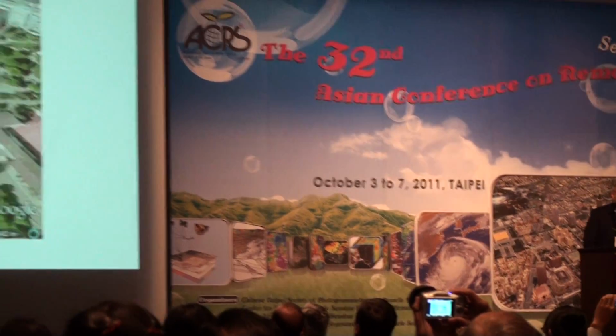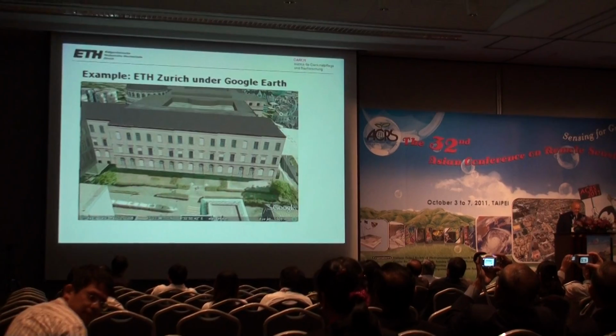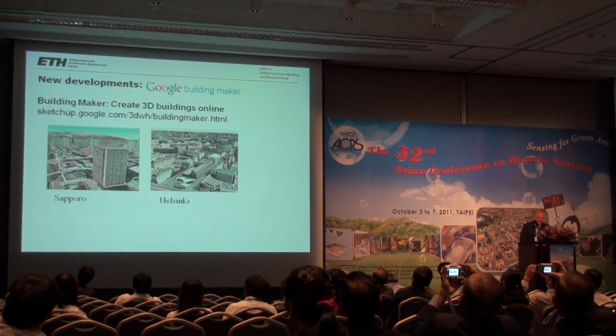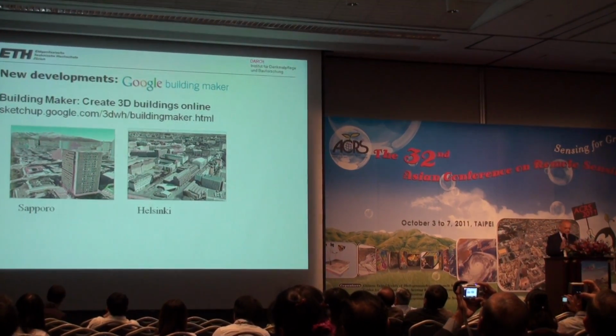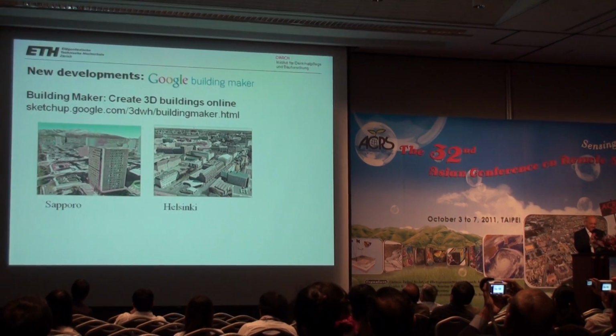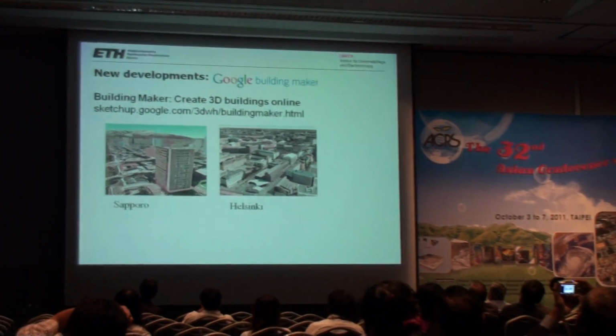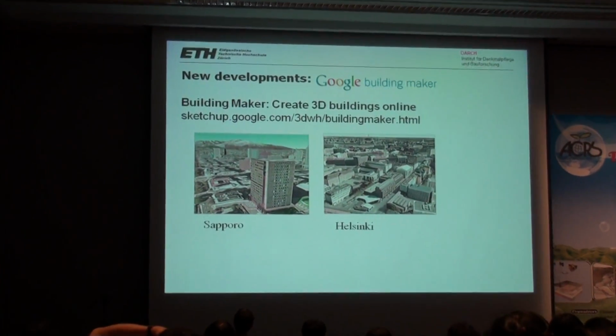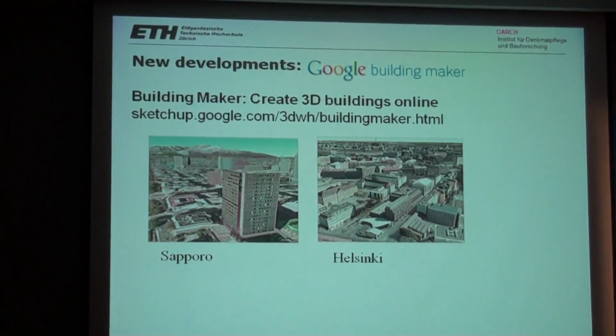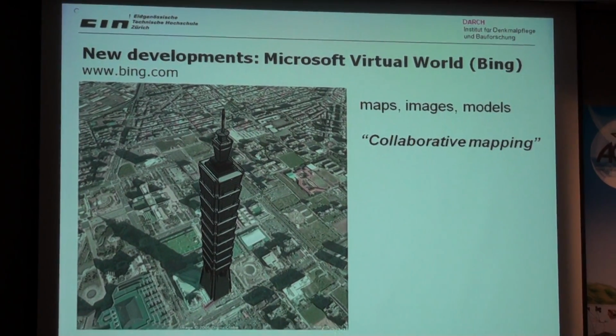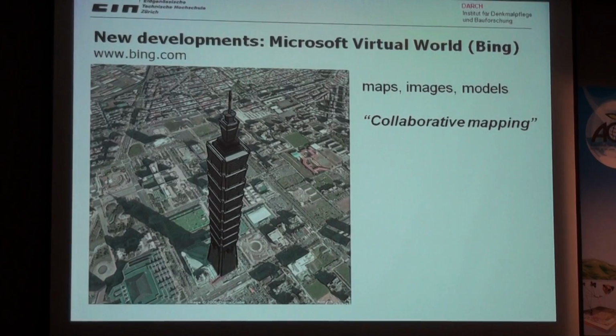Another example, let me go through this one quickly. I've shown it on other occasions. We have now things like Google Building Maker, and people are talking about collaborative mapping, for instance, and they are producing things like this, okay? Look behind.